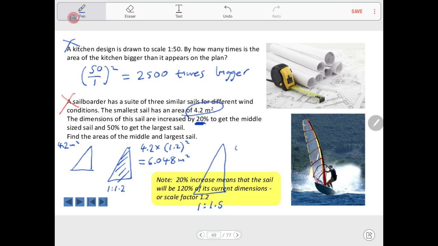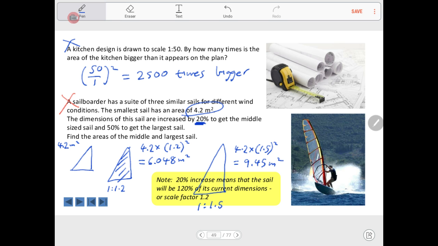So we will explore this percentage increase decrease further when we get to the finance unit. So if you're not quite getting it, it's a bigger part in the finance unit than it is in this measurement unit, but that's how it works. So this gives us 9.45 square metres for that one.